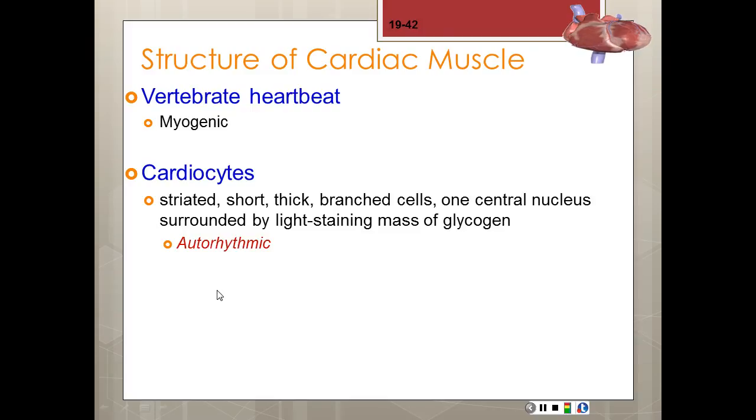Now, cardiocytes are inherently autorhythmic, meaning that they're solitary, isolated cells that pulsate rhythmically.